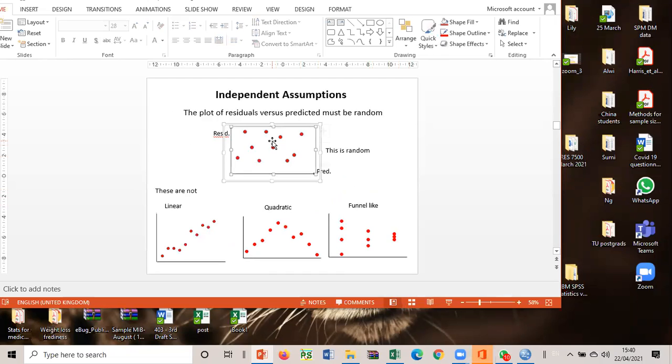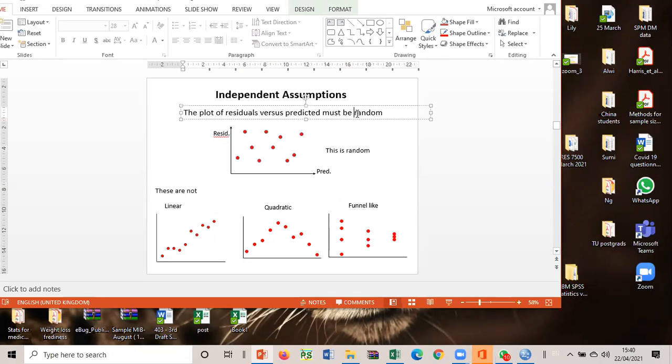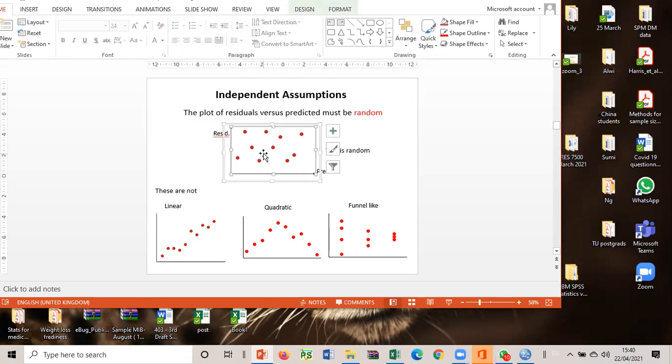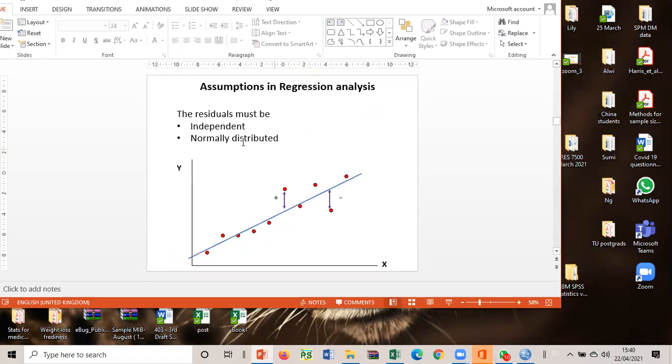The graph must be like number one. Number two, number three, number four are violations of randomization. If the graph comes like number one, you can say yes, the residuals are independent.